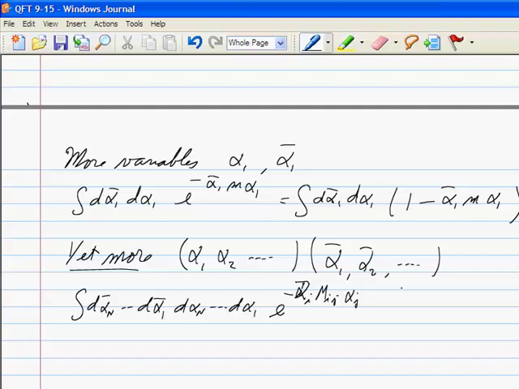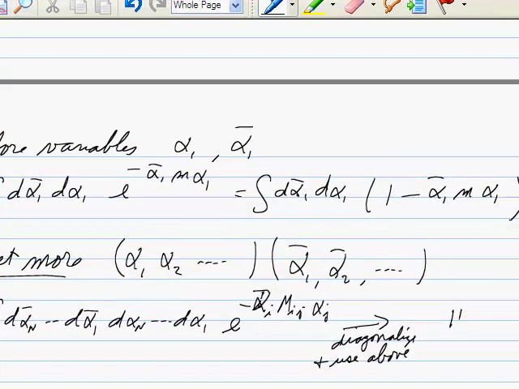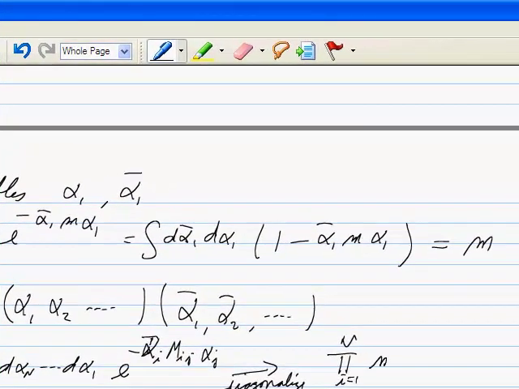Let's imagine doing that. The way you do that is you diagonalize, and then you use the above one. So it becomes a series of diagonal ones. It becomes the product over all i equals 1 to n of mi, which are the eigenvalues.